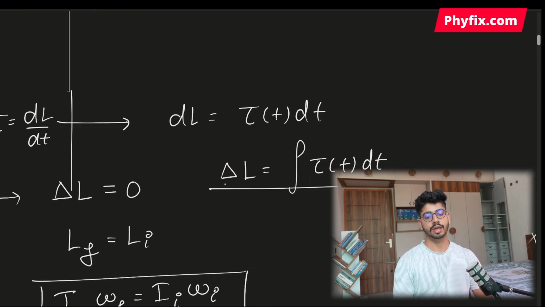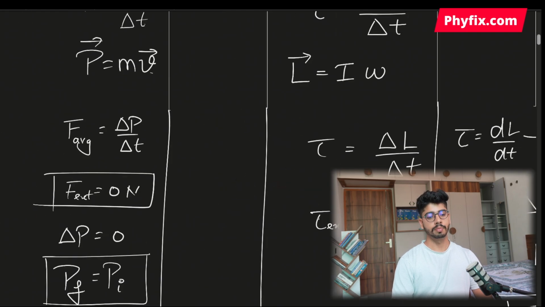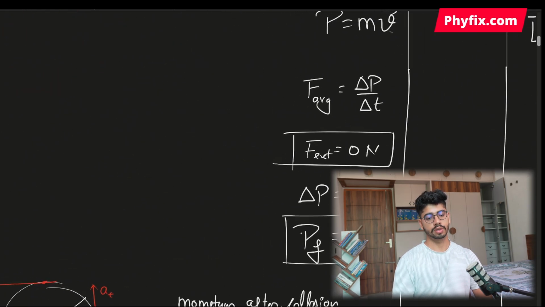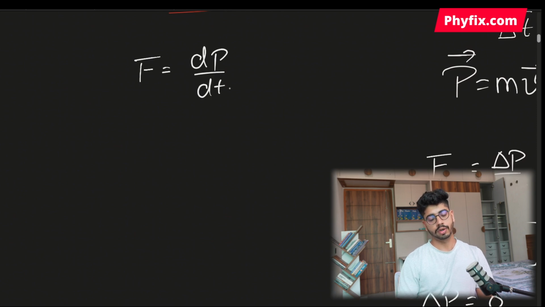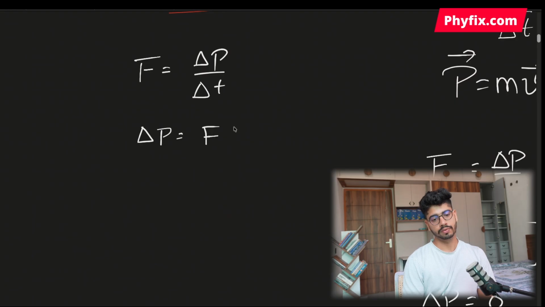In the same way, we have the concept of linear impulse. Because the force is equal to dp by dt, this is the calculus point of view I'm writing. Without calculus, the change in the momentum is equal to force into delta t. We call it impulse.